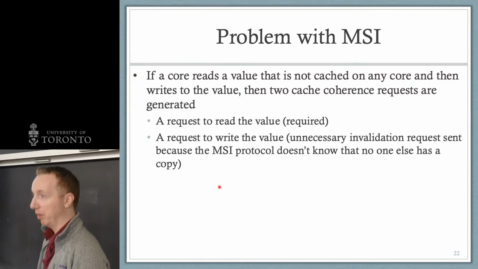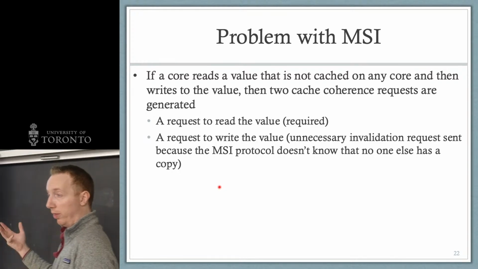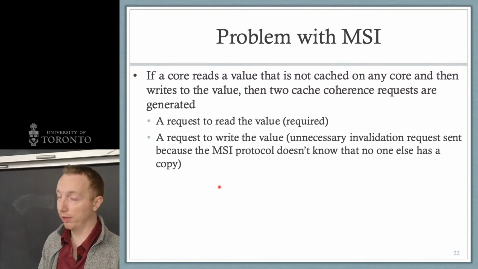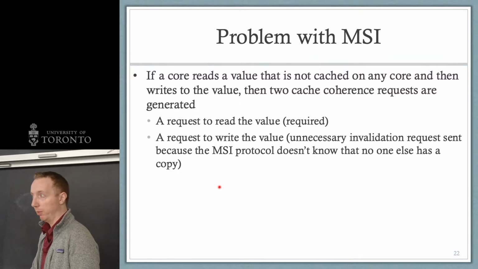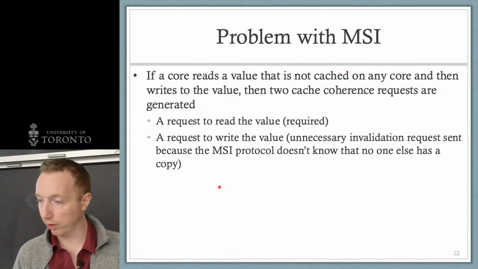Even if you are the only core with that data, it is not smart enough to know that, hey, you're the only one with it. It has to assume the worst case scenario that you have it shared with other cores, so it just has to go through, check, and invalidate every other core.